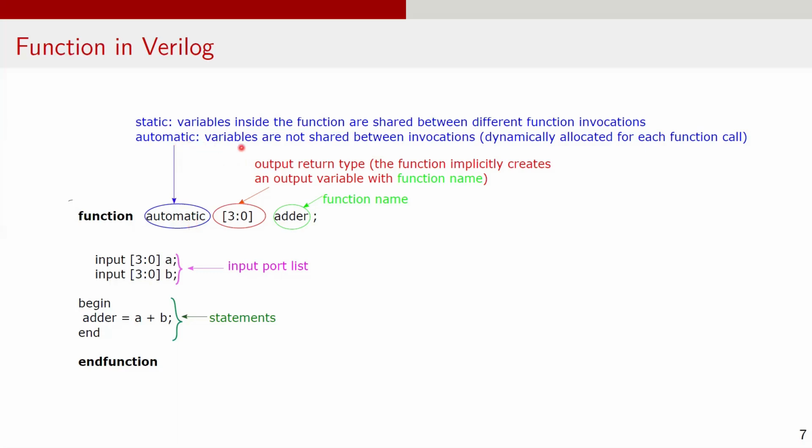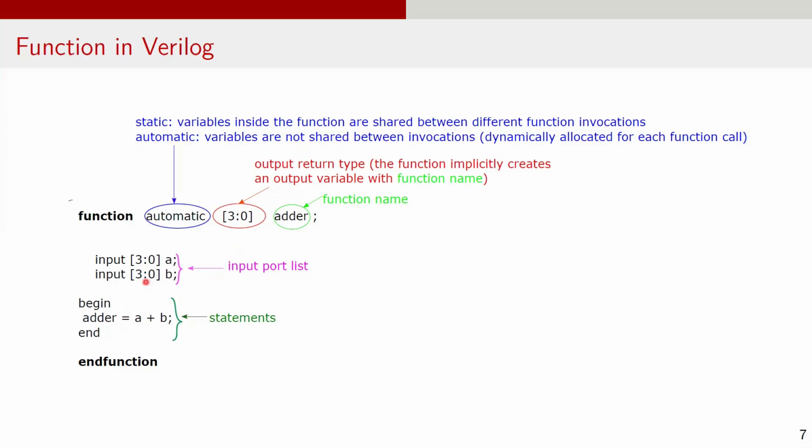If a function is automatic, the variables used inside the function are not shared between invocations. These are dynamically allocated for each function call. However, if a function is static, all the variables inside the function are shared across different invocations of the function that are running concurrently. A function must return a value.